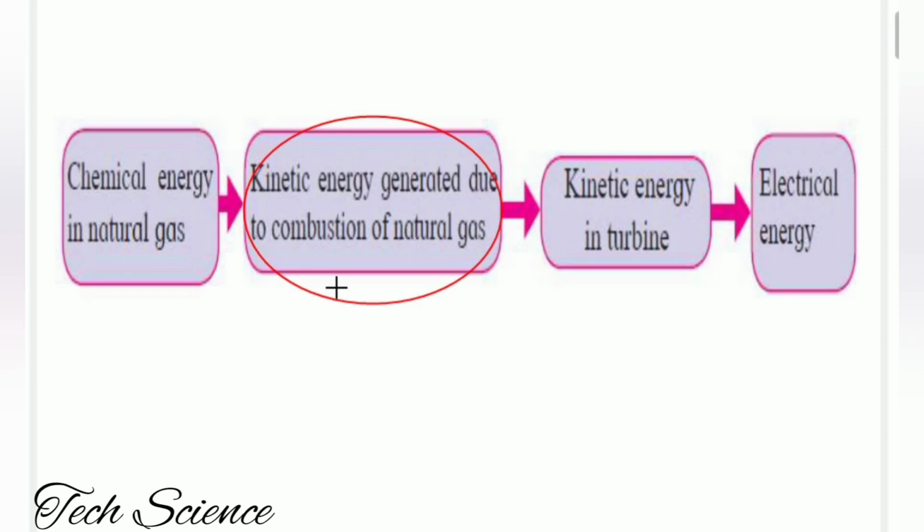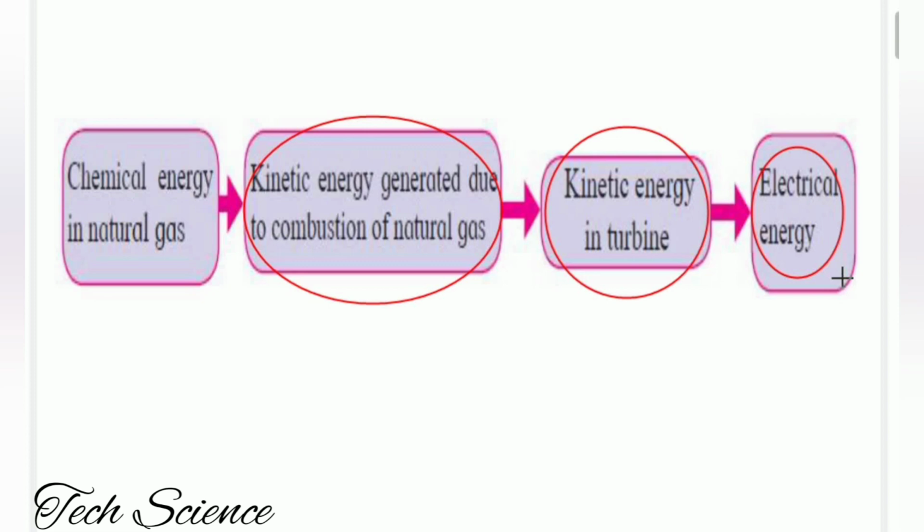Once we get the kinetic energy generated after the combustion, this kinetic energy present in the gas falls on the turbine. Ultimately the turbine starts rotating, and because of that the turbine also has kinetic energy. When this kinetic energy of the turbine is connected to the generator, the generator also starts rotating, and the kinetic energy of the generator results finally in electrical energy, and that electrical energy we are using in our day-to-day life.